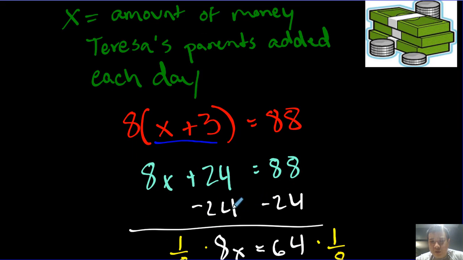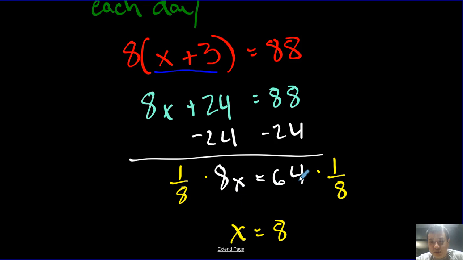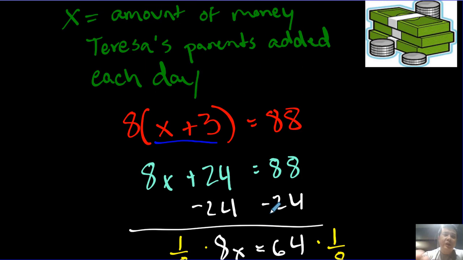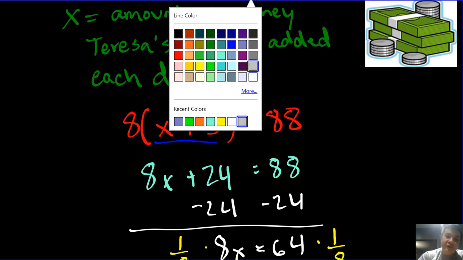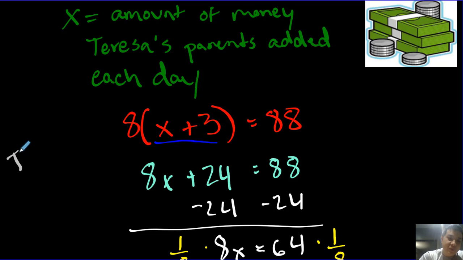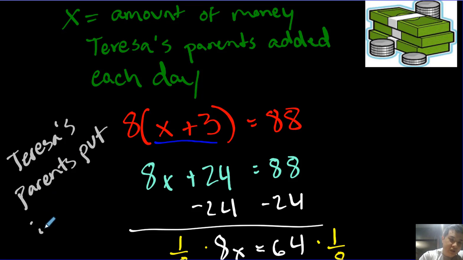Then subtract 24 from both sides, you get 8x equals 64, and divide by 8, or multiply by 1/8, and we find that x equals 8. So therefore, Teresa's parents put in $8 a day.